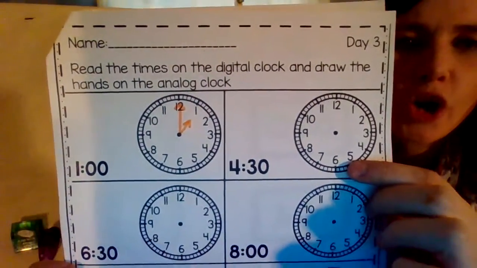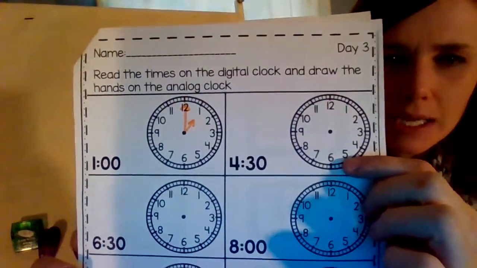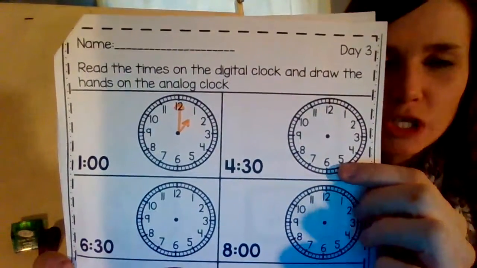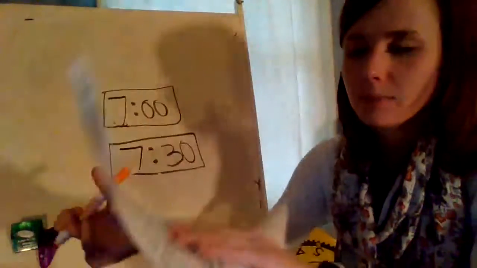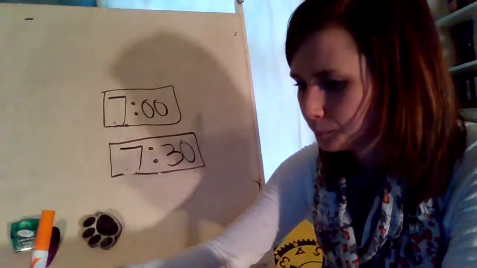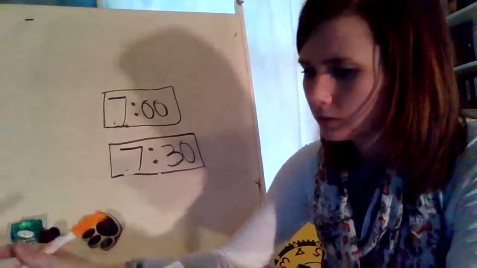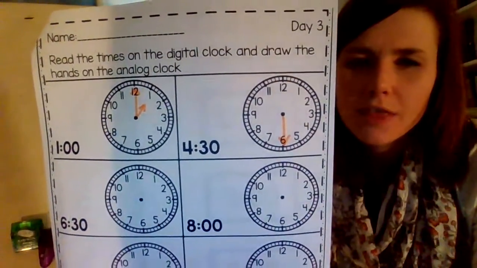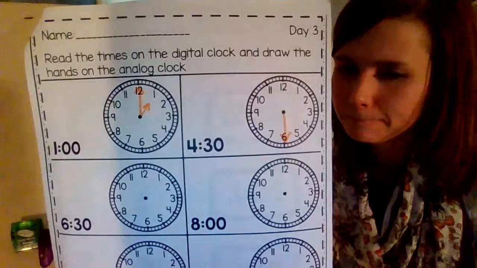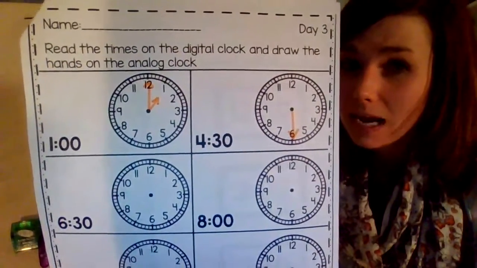It says 4:30. When it's 4:30, the big hand is pointing down at the 6, right? The minute hand is down on the 6. Draw that down. 4:30. So we know that hour hand, right?